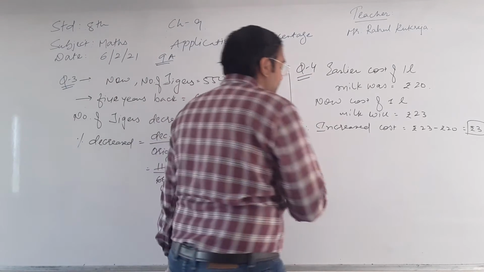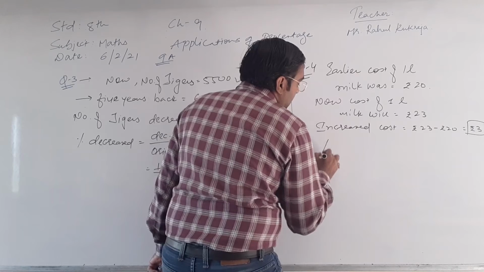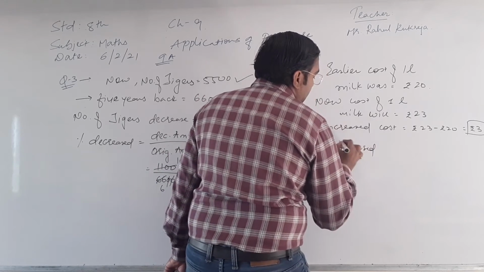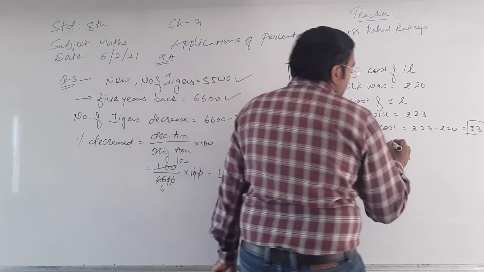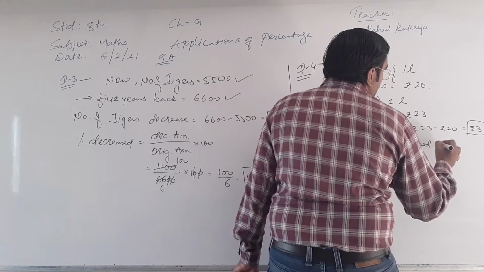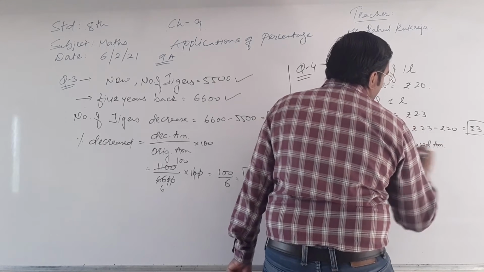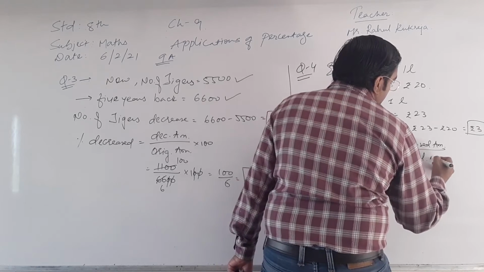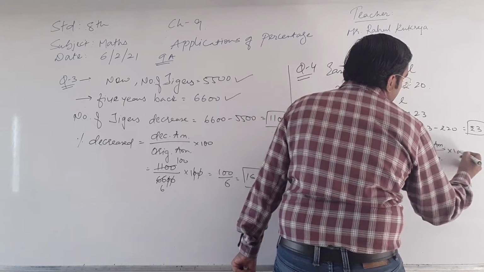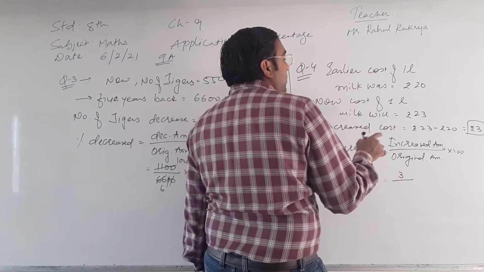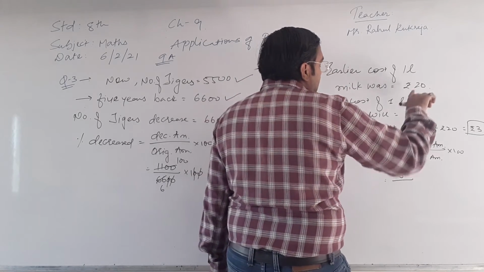So again percentage increase is the same: increase value or increase amount upon original amount into 100. Increase amount was rupees 3. Original amount was rupees 20.